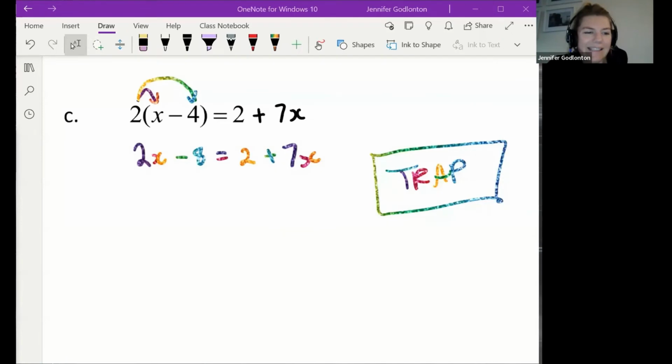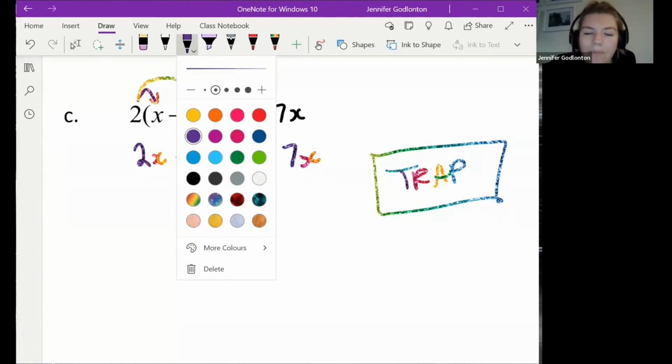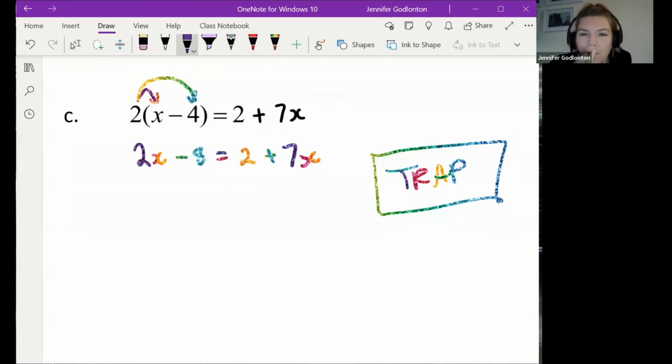Okay, let's see who lands up falling for my trap. I'm really hoping someone falls for my trap. Okay, let's start with Unati. Unati, are you going to fall for any of my traps? Let's see. What would be my next step here? Ma'am, you would get the 2x with the 7x on the same side.